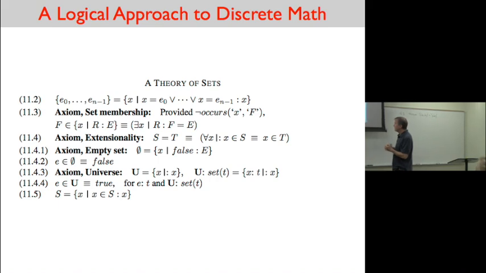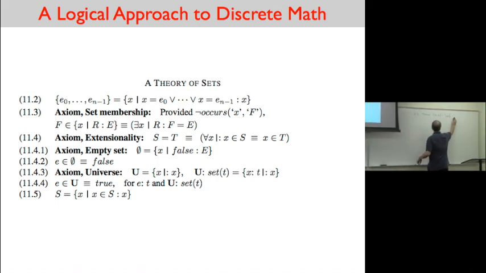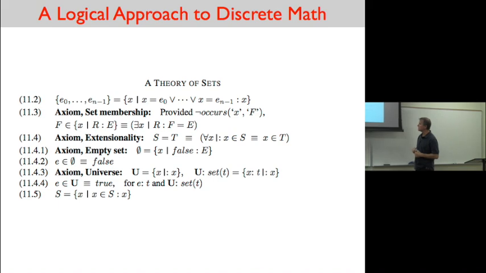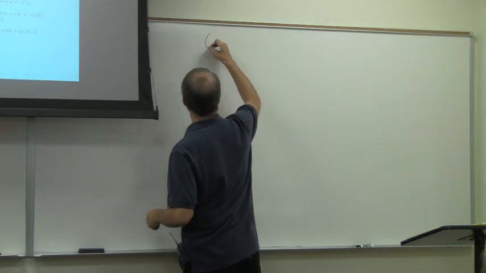Okay. So let's continue on then with our theory of sets. All right. So now we know the difference between set enumeration and set comprehension. Now the next axiom, 11.3, is called set membership.